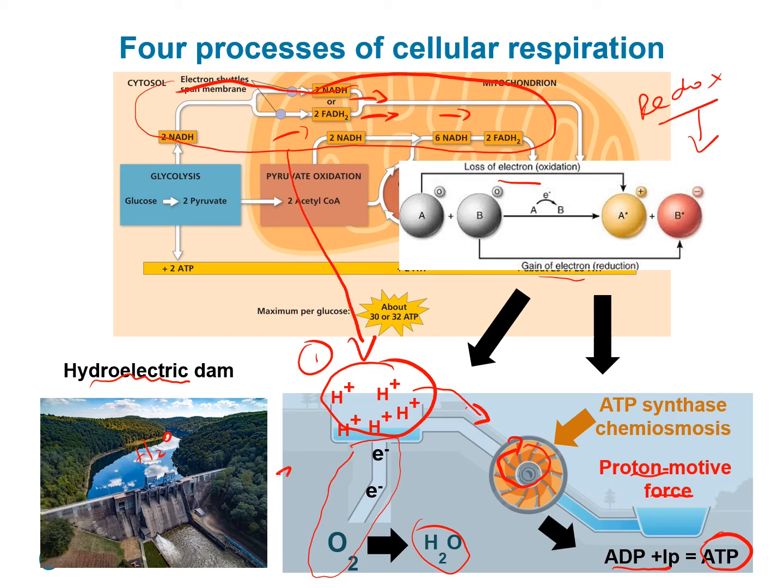In one section, the oxygen is going to produce water, and in the other case, you will have a protein that works like a rotor. There is the ATP synthase, and it is going to produce ATP. So the ATP will come from this process.